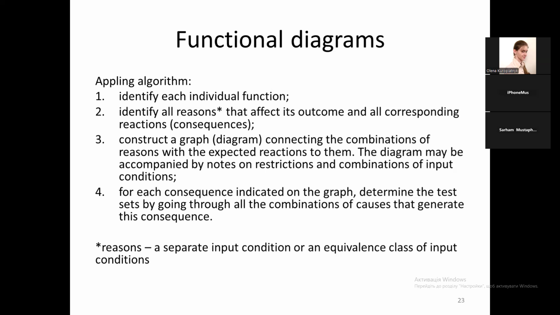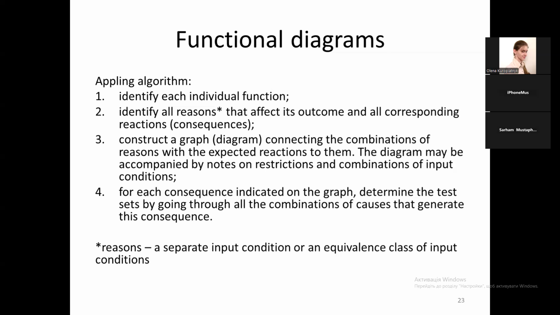After that, when we have a list of reasons and a list of consequences, we can build a graph or diagram, and in this diagram we connect the combinations of reasons with the expected reaction to them.